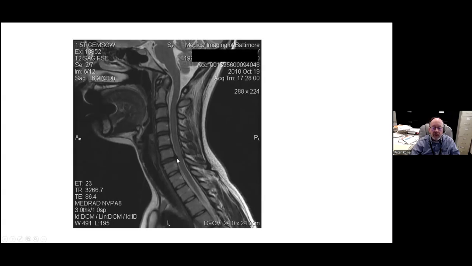As you follow the arrow, you can see that she had a small disc bulge at C6-7. I can bet that I have several small disc bulges in my spinal canal at this age, but they don't really cause any problems. However, for her, with a narrowed spinal canal, there was compression on the ventral aspect of the cord.